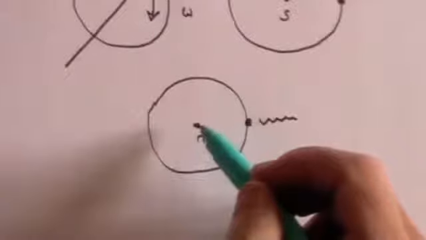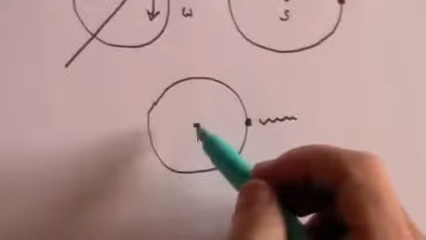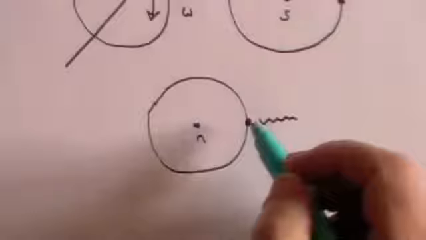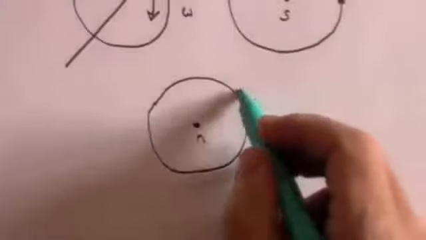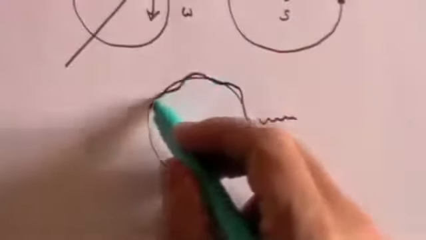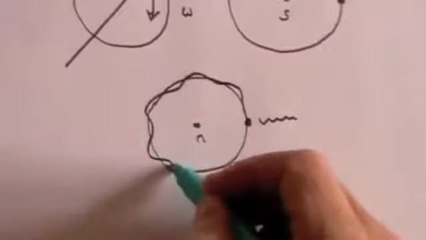That was a major problem, but quantum mechanics comes to our rescue and says that you don't think of the electron orbiting as a particle, rather you think of it as a wave. And so you've got this electron wave which is going around.